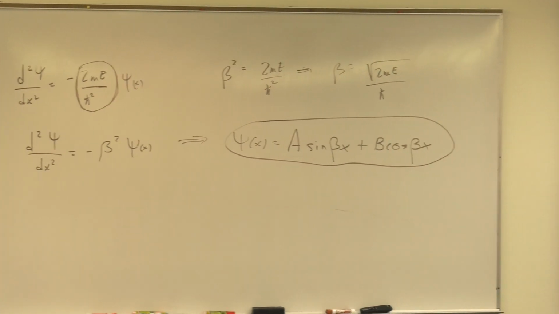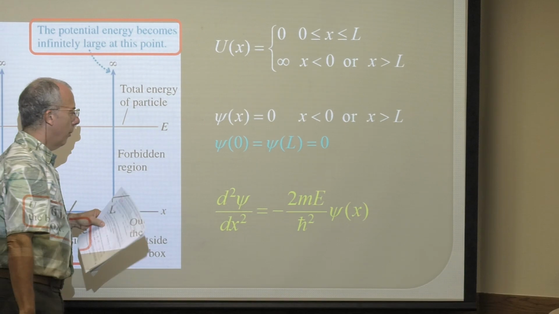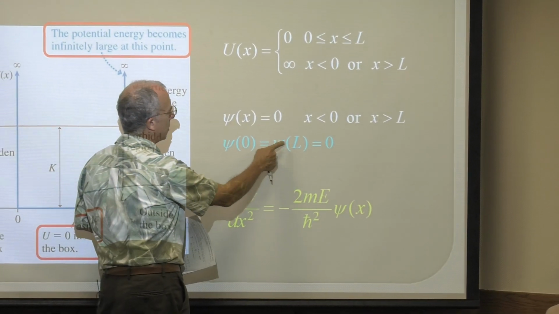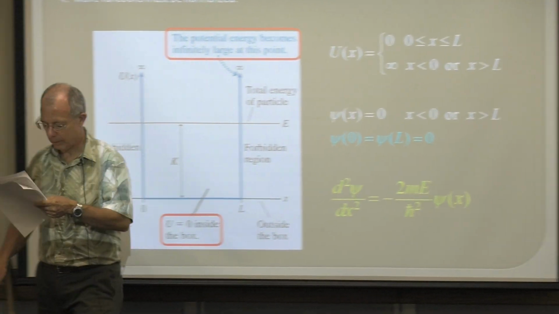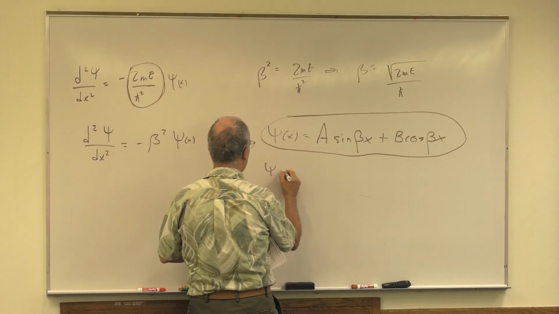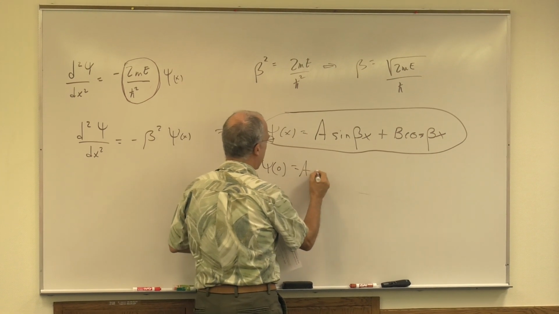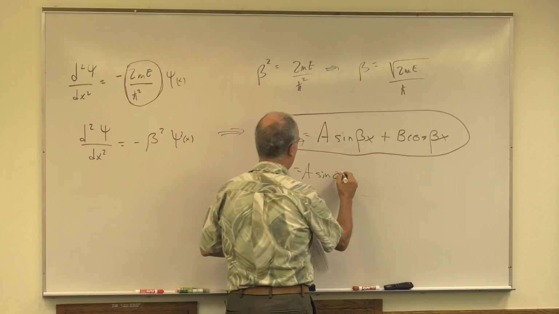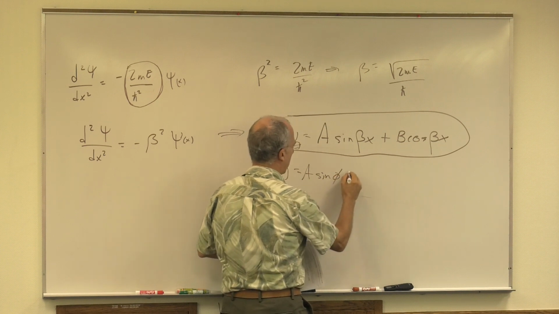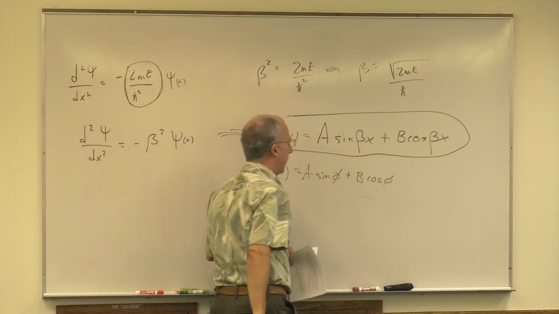All right, so let's do it. So we want this to be true, right? So we want psi at 0 equals psi of L to be 0. Okay, piece of cake, let's do it. So we'll do the 0 first. Psi 0 equals A sine 0 plus B cosine 0.